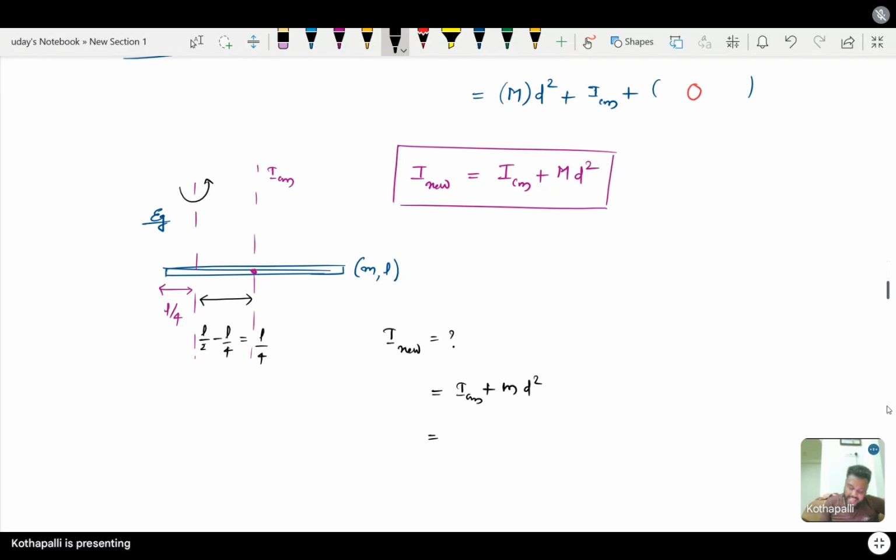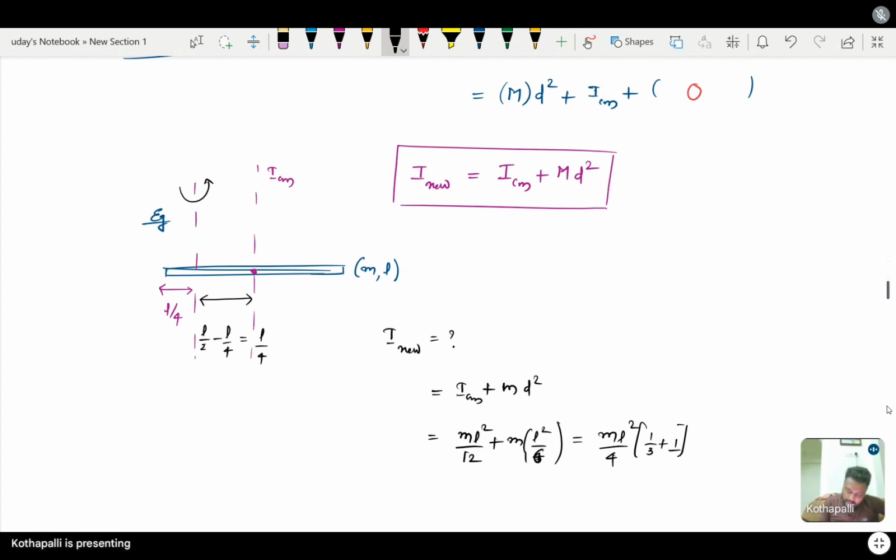So it will be ICM. About the center of mass of the rod, we know the moment of inertia is m L square by 12, plus m into L square by 16. So take m L square by 4 common out.